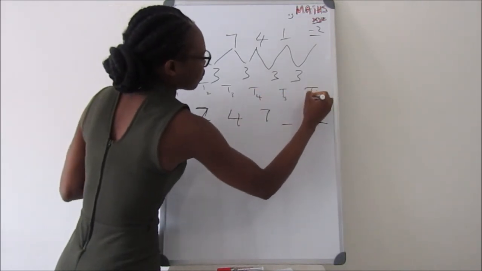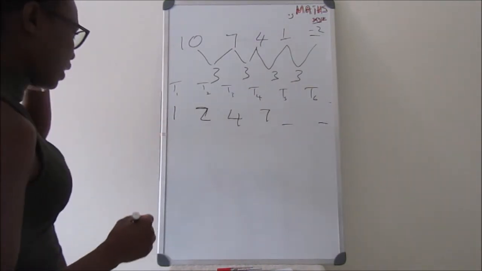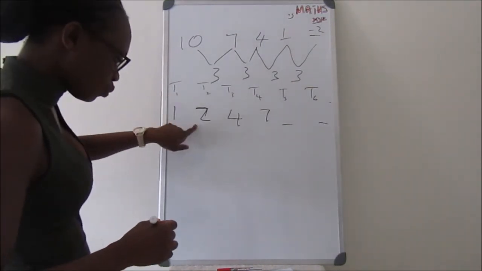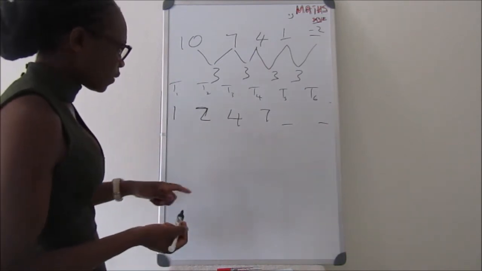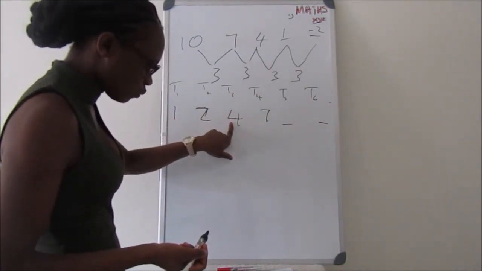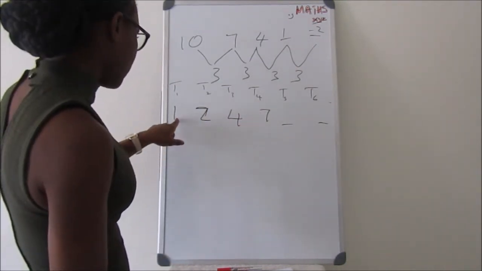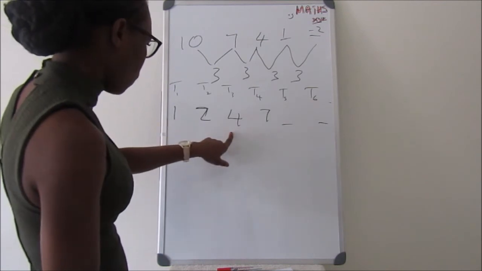Now we need T5 and T6. All right, to get term 1, we have 1 there. So how did they get term 2? It's 2. All right, it's fine. So term 3 is 4, and term 4 is 7.